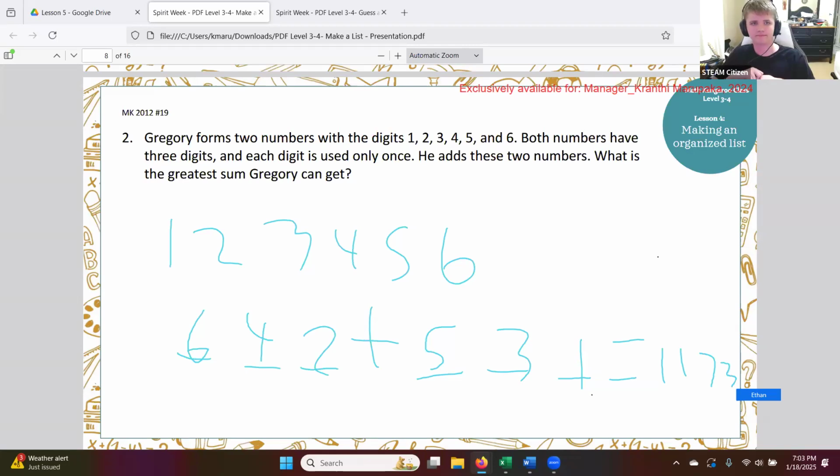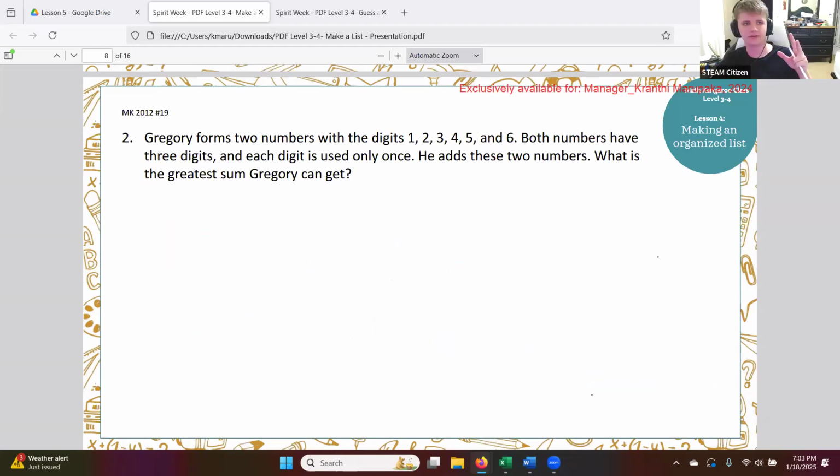So is Ethan's answer right? 1173? Did anyone get a different answer before we talk about this one? Nobody got a different answer. Can I get some no's or some yeses? Shauna, did you get something different? Before, I made a mistake, and once I looked at my paper, I recognized the mistake.